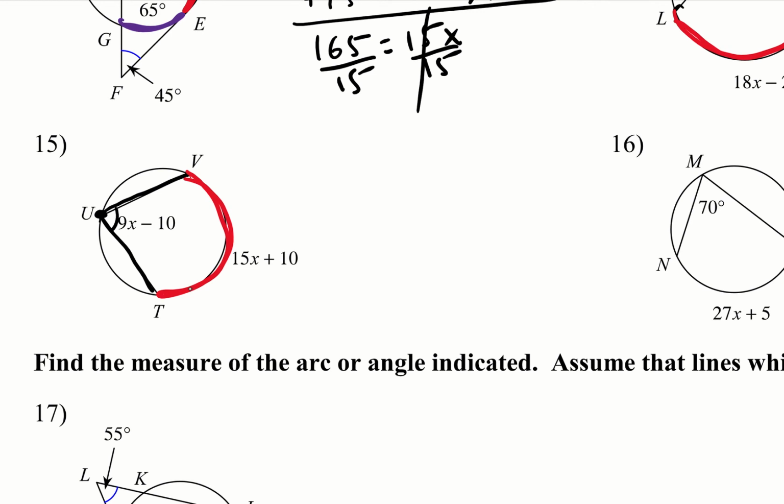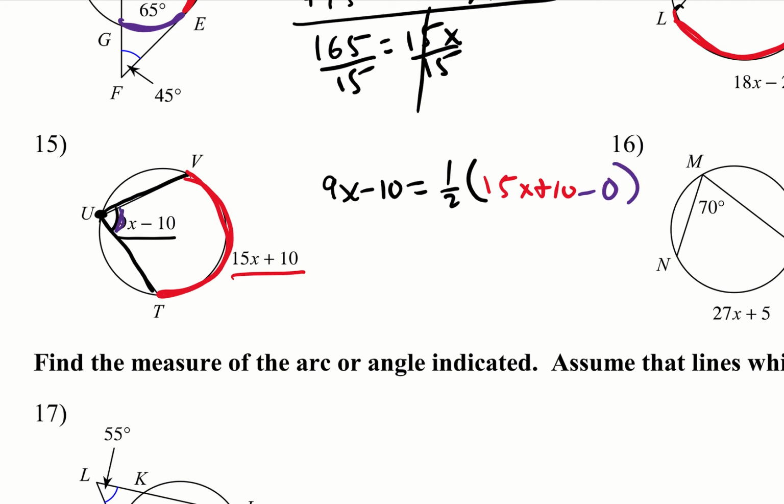It's the same answer. So we know that this angle has to be half of the difference, if we were to think of it as a difference between that and the purple arc, but there is no purple arc on the inside. There's nothing there. So we can get rid of this, and this goes away. And then we'll times 2 on both sides to get rid of it, and then we'll times 2 here.